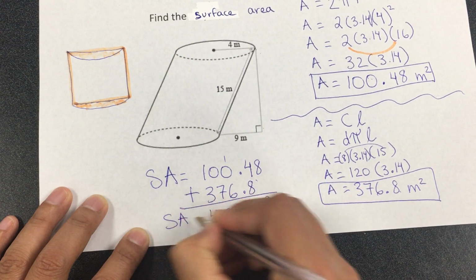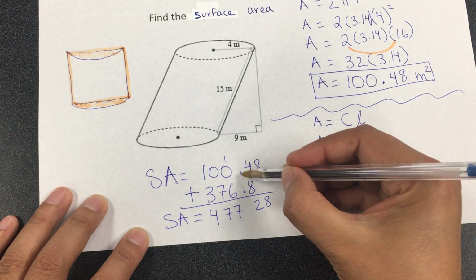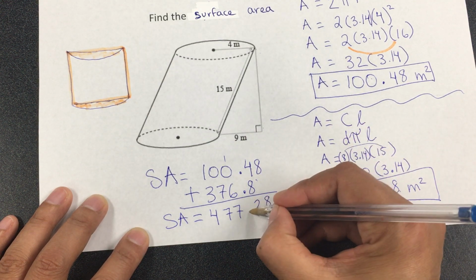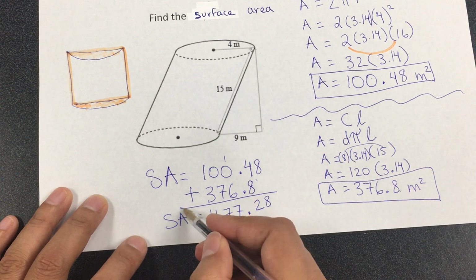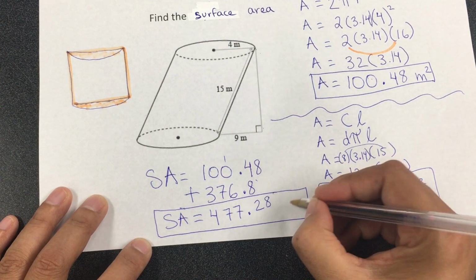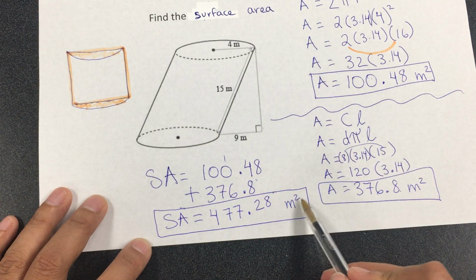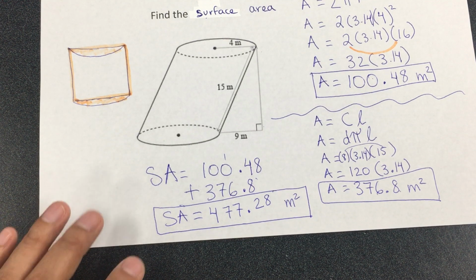So the total surface area is equal to, what am I missing here? The aligned decimals, you just put it as 1, and so that's your total surface area. But don't forget the unit of measurement, it's square meters.